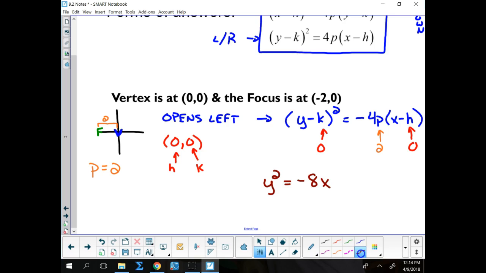Really, if I go back up a step, this would be y minus 0, quantity squared, equals negative 4 times 2 times x minus 0. So we just get y squared equals negative 8x. Okay?